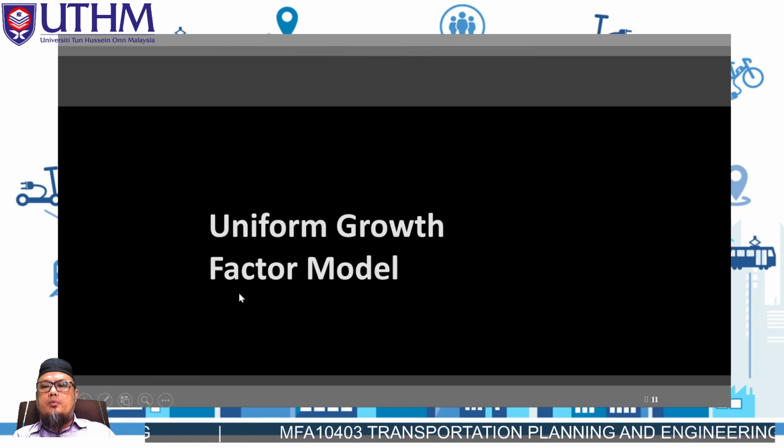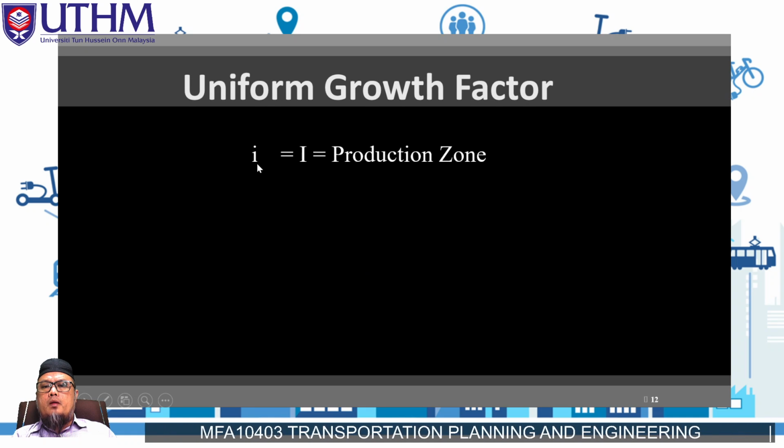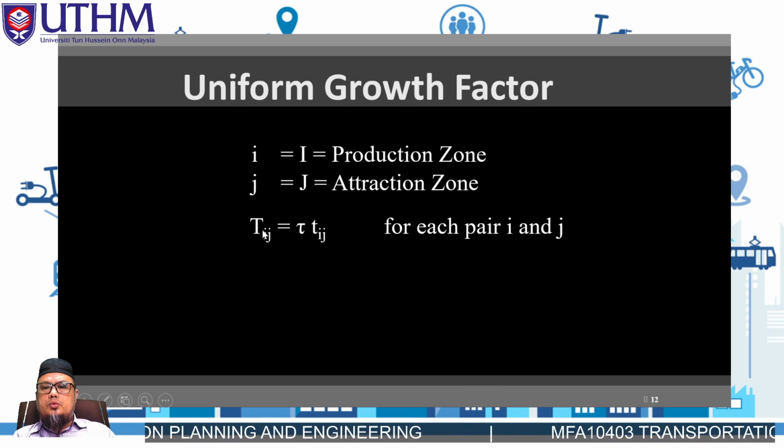For the uniform growth factor model, we just go through the definitions and the indicators for the formula. I represents the production zone. J represents the attraction zone. T is the trips, which we can consider from the production and attractions.